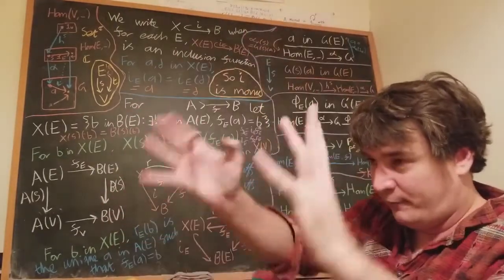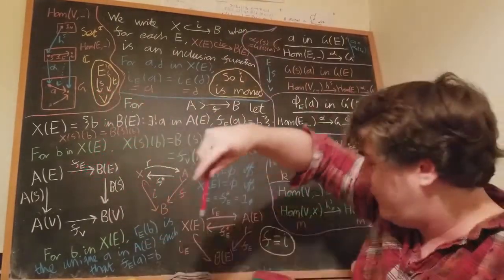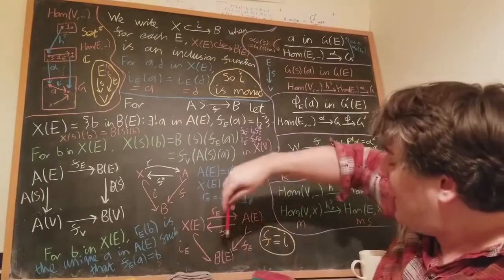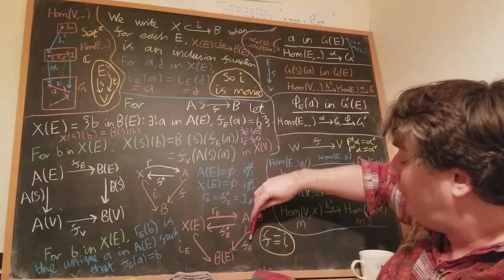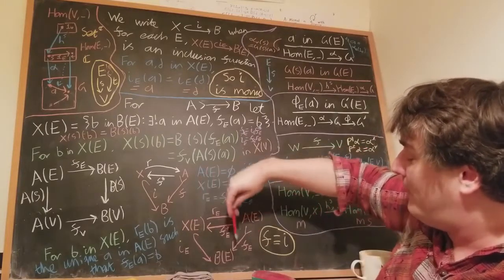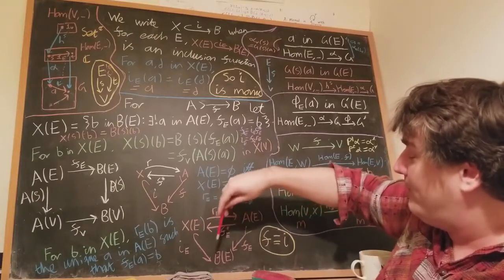It's just big enough to hold all of the stuff in the images, okay? So basically f star of E is defined on elements just the same way as f of E is. It just goes to this subset rather than this entire set.